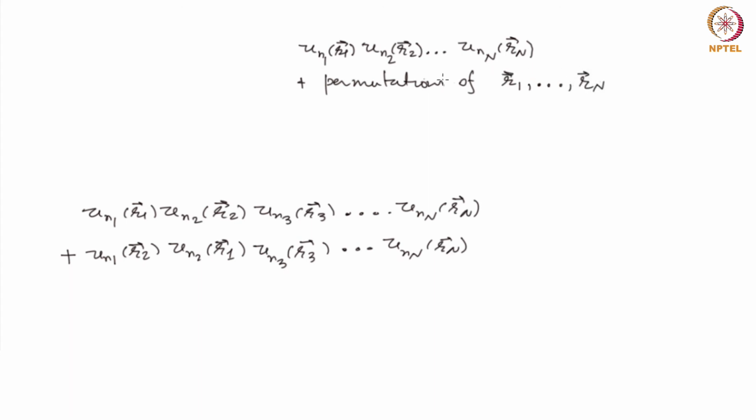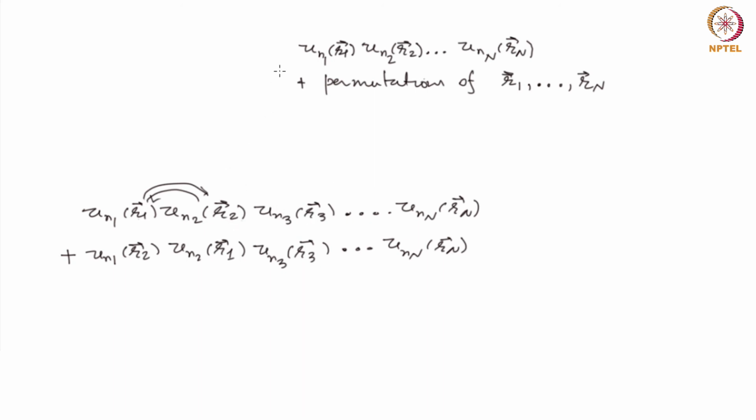Just like here we permuted r1 and r2, if you add all the permutations, the state which you are going to get will be fully symmetric.